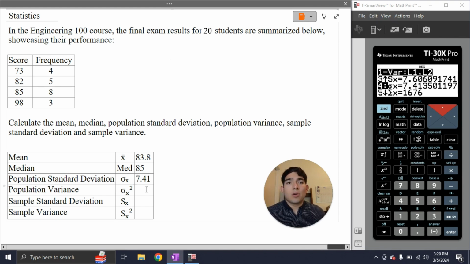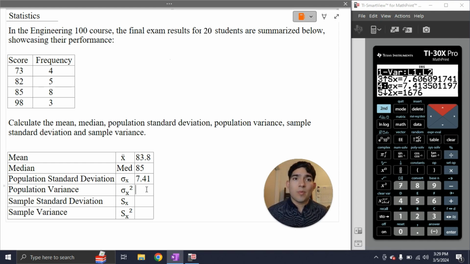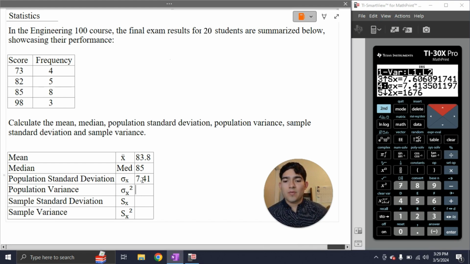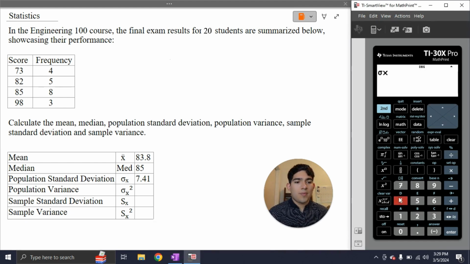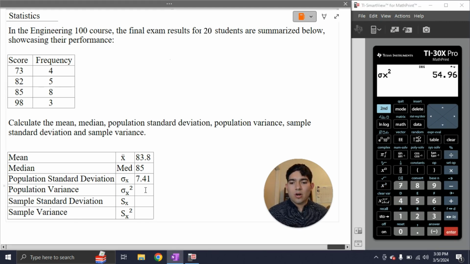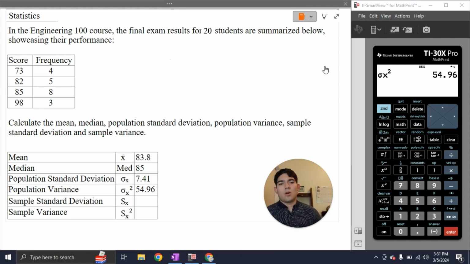And if you don't remember from statistics, you can actually find this in the FE review manual, but the population variance is this value, the population standard deviation squared. So what we can do in this case is we can just hit 4 and square it, and that will give us our population variance, so 54.96.